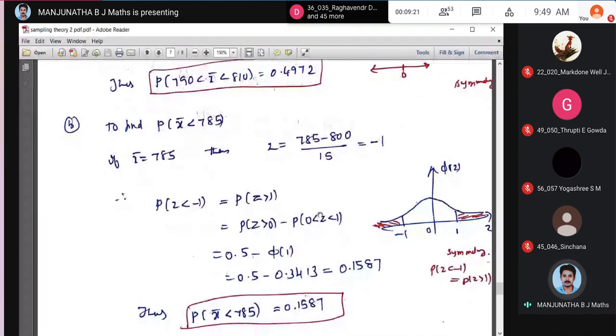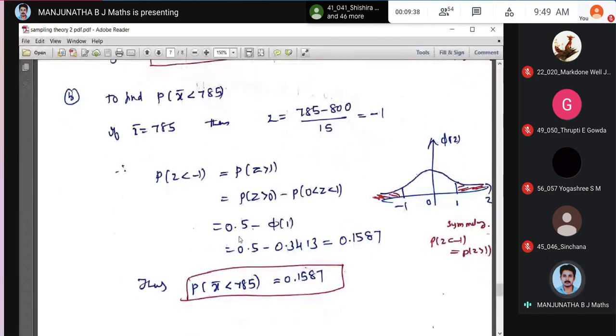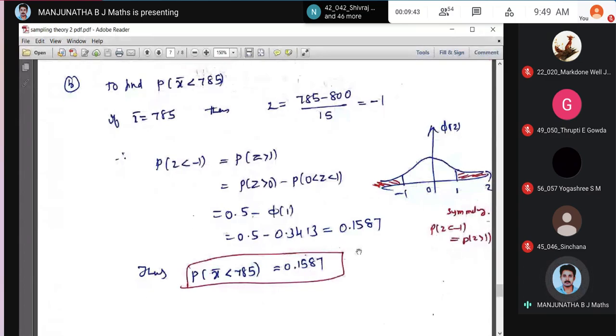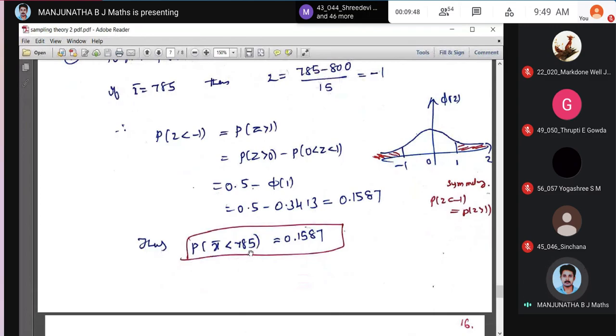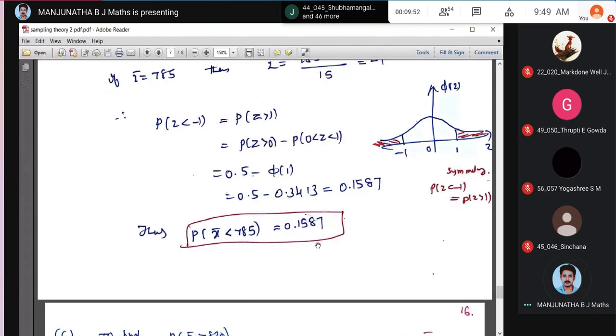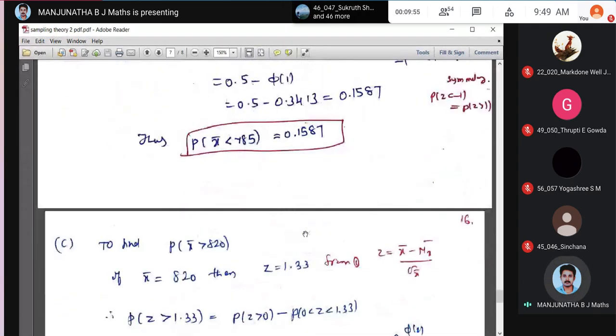So if I subtract 0 to 1 from the entire region, that gives the required area. Now z greater than 0 is 0.5 minus 0 to 1, that is phi of 1. What is phi of 1? Phi of 1 is 0.3413, so the result is 0.1587. Thus, the probability that x bar is less than 785 equals 0.1587. This is the required area.